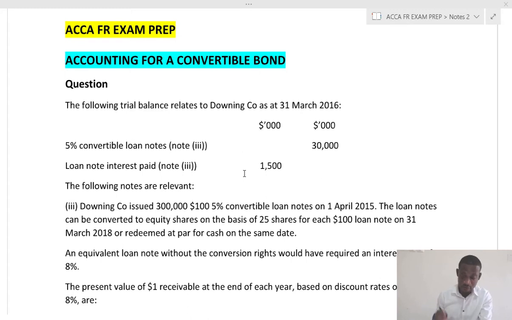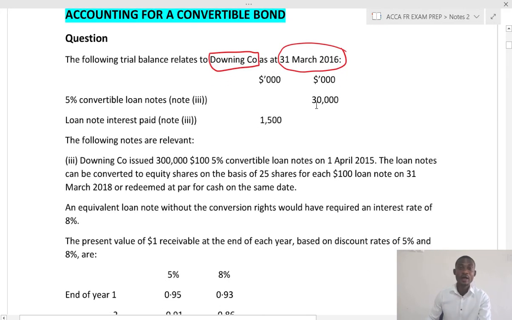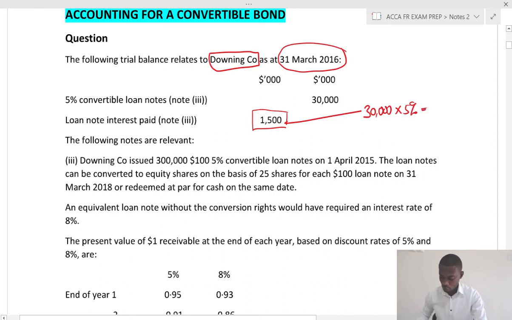So we have an extract from the trial balance, and it relates to Downing Co. as at 31st March 2016. In this trial balance, I have the 5% convertible loan notes. The value is 30 million. Now, loan interest paid, 1,500. You can verify this by looking at the 30 million times the 5% nominal interest or coupon.